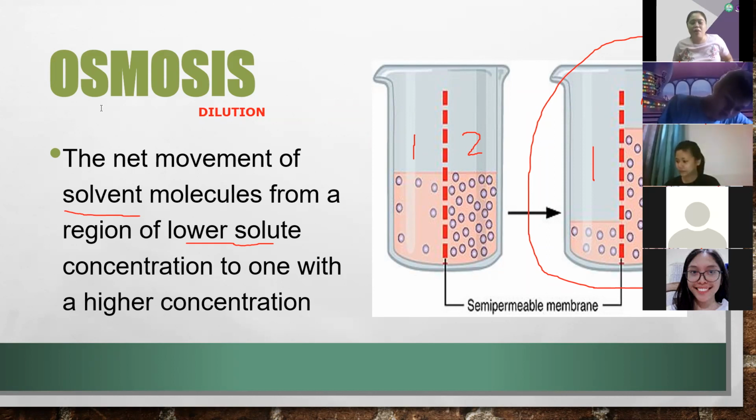And when you say osmotic pressure, it's the pressure needed to stop the movement or to stop osmosis para hindi na mag-move yung solvent from one region to another. That's the meaning of osmotic pressure. So let me give you an example of osmotic pressure that happens in our own body.